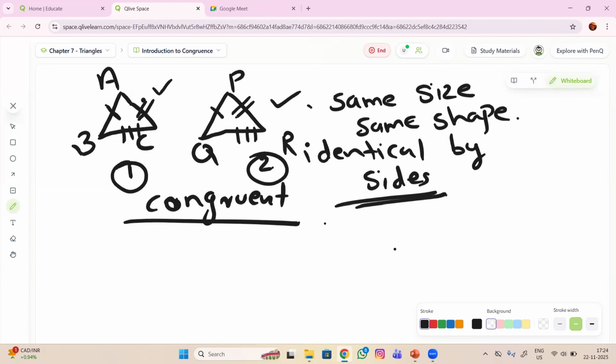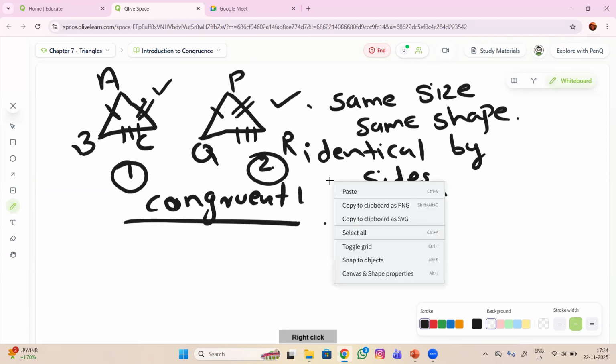It is clear that if three sides of a triangle are equal to three sides of another triangle, we can say that these two triangles are identical. That is, these two triangles are congruent to each other.